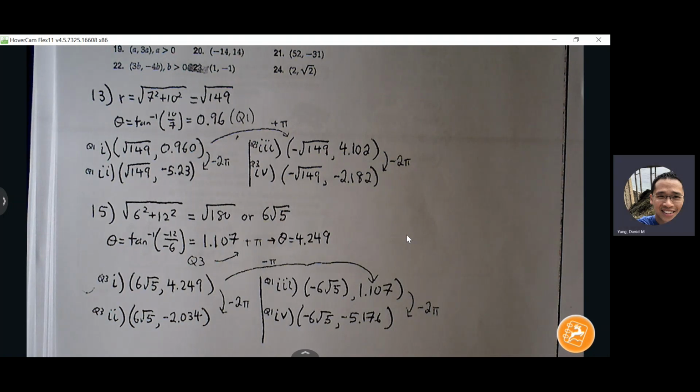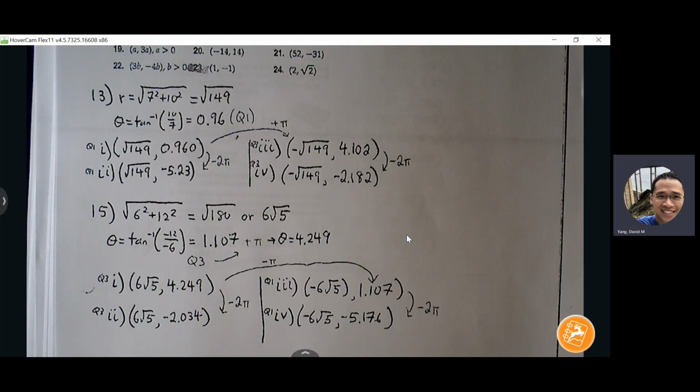Okay, let me know if you're having trouble understanding where those decimals are coming from. Like 0.96, couldn't you add or subtract pi, because you'd still be within the range?